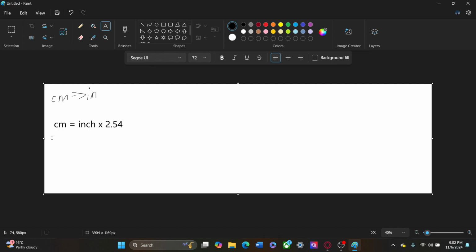But how do we get inch? Right? That's an easy question. Inch equals centimeter divided by 2.54. Simple and easy. Right?